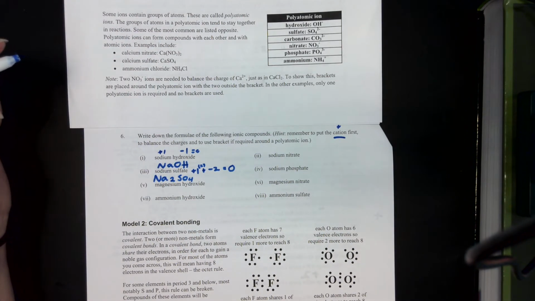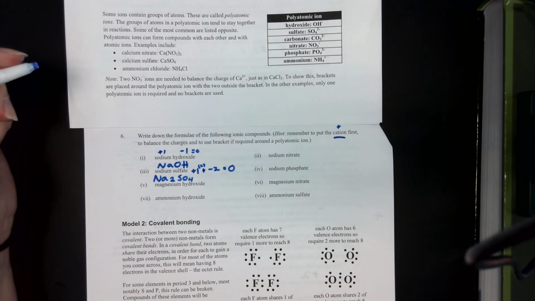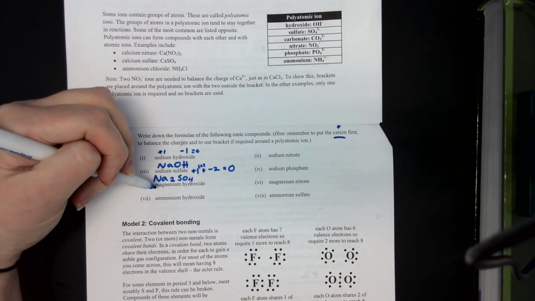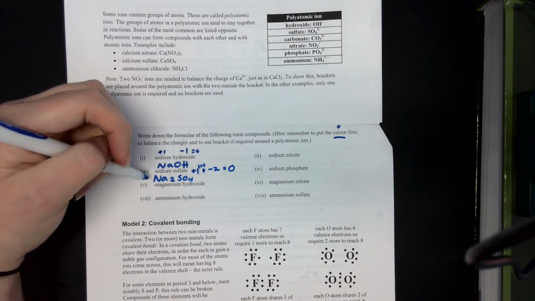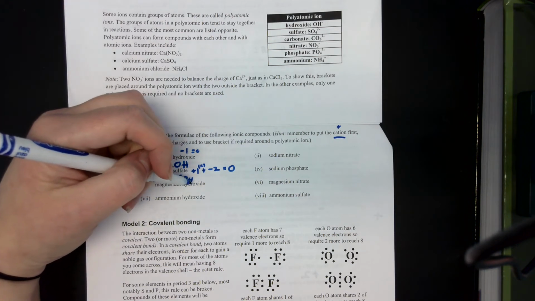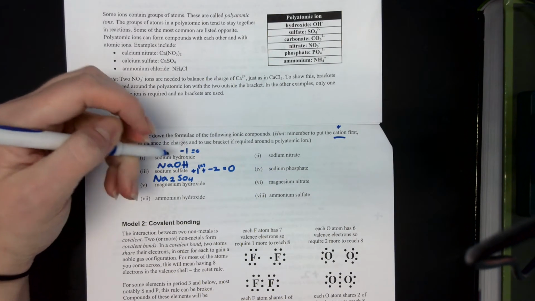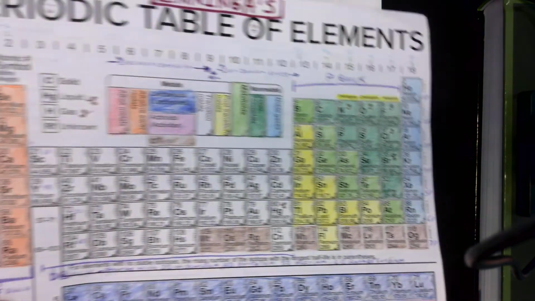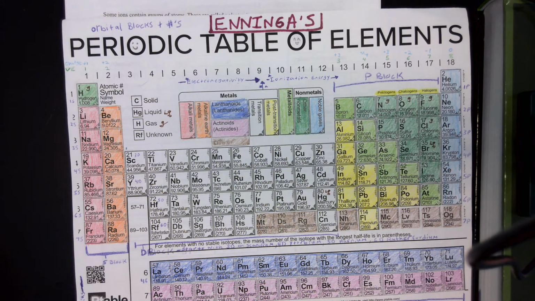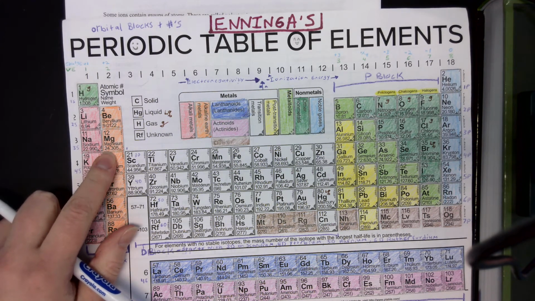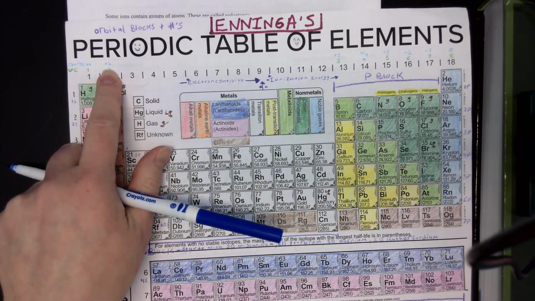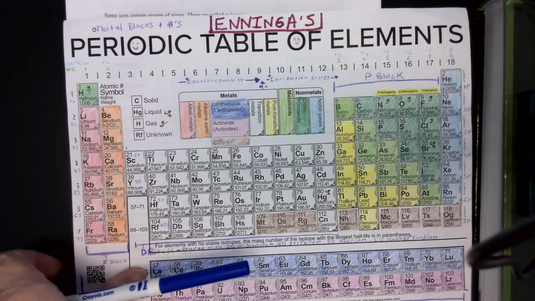Let's keep going. Let's do a few more. Magnesium hydroxide. That one's pretty much just like this one up here, only we're going to be looking at it the opposite way. So magnesium, we haven't encountered magnesium yet. Looking on our periodic table, magnesium is here. It's in column 2, so it has 2 valence electrons, so its charge is going to be +2.